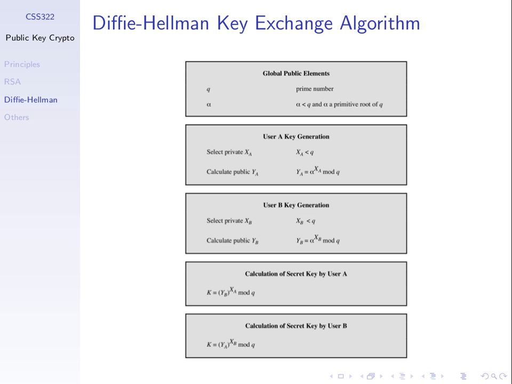So the result is that two entities in a public network can choose their values and exchange public values. Anyone can intercept those values. Those two entities can calculate a secret key K, and no one else can find that K, so long as the values are large enough. So we've exchanged a secret key, which is a valuable service.